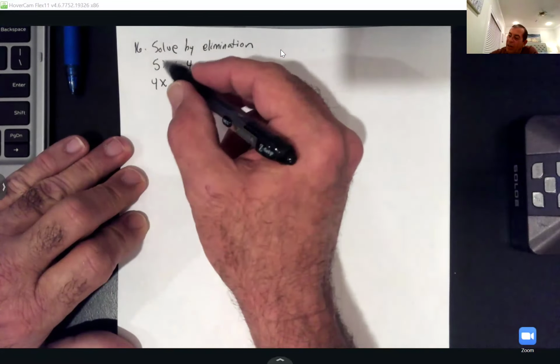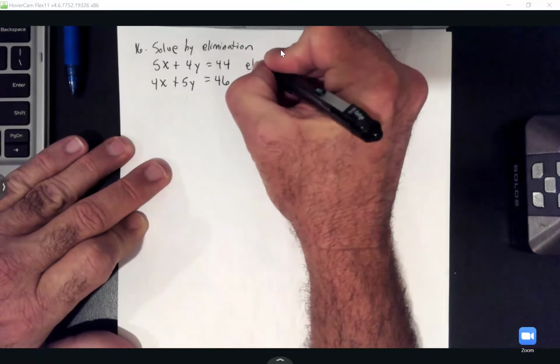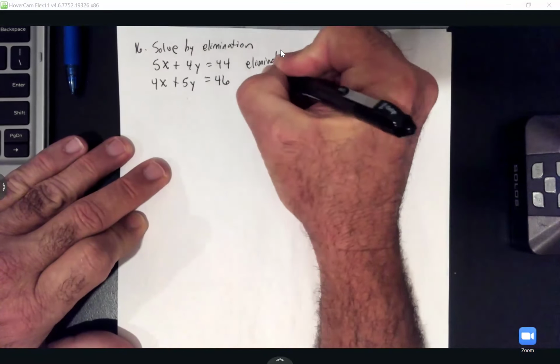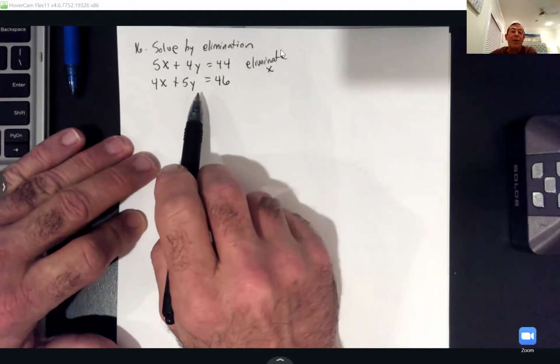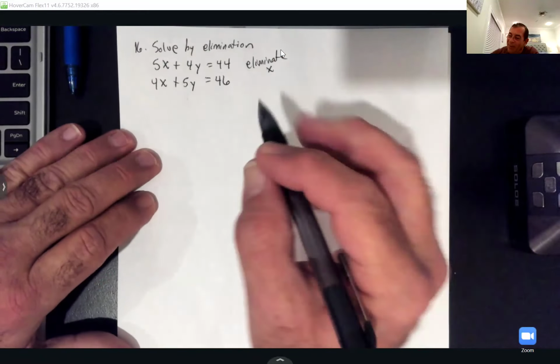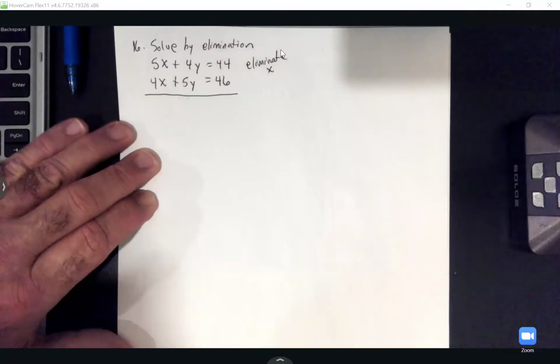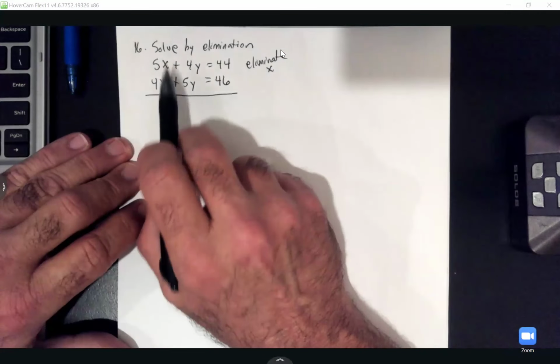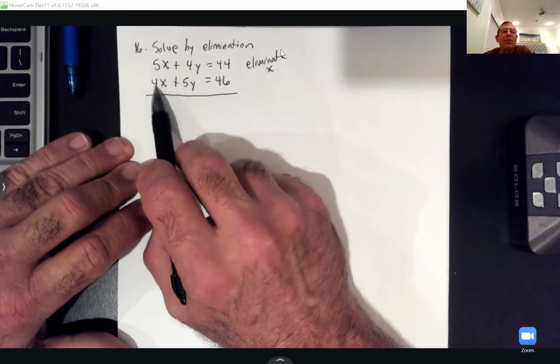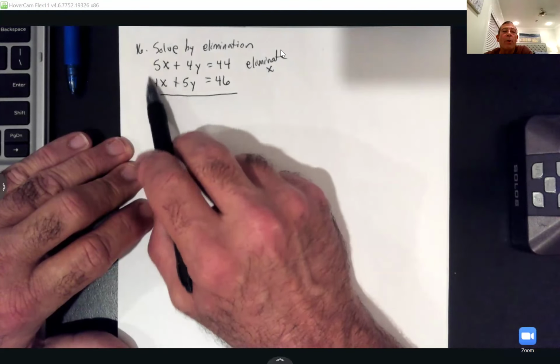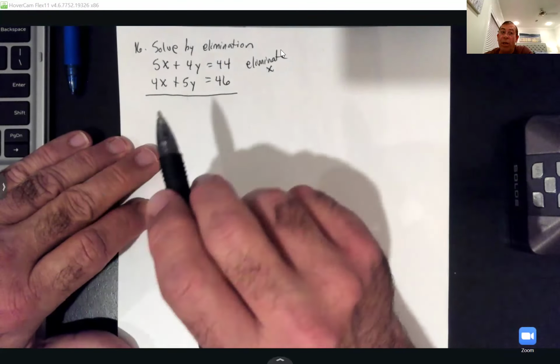All righty. So by hand, and oh, they both got 4s and 5s. So I guess I'm just going to eliminate the x. But really on this one, it don't matter which one you eliminate. They're both the same. So if I'm going to eliminate these x's, the smallest number 5 and 4 both go into would be 20.